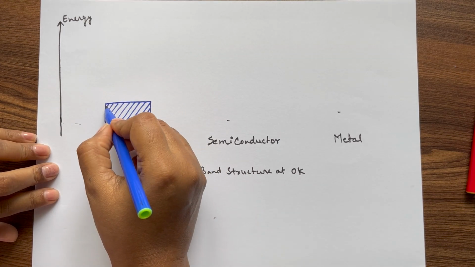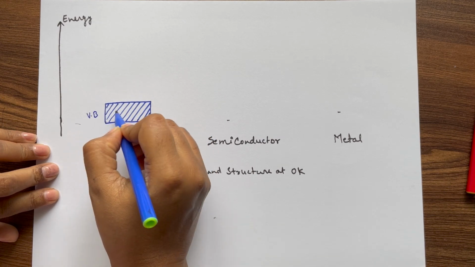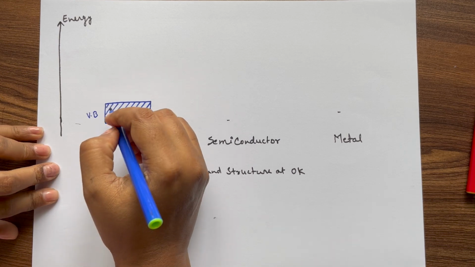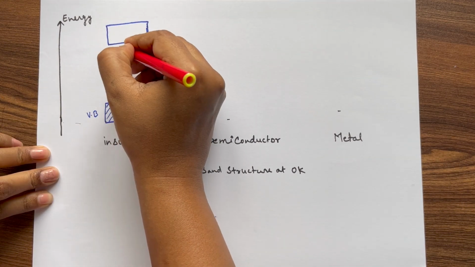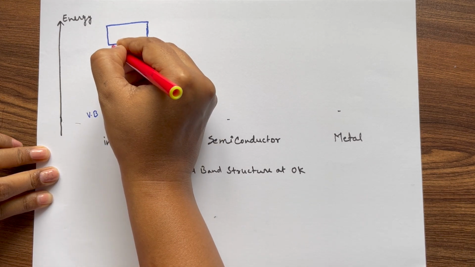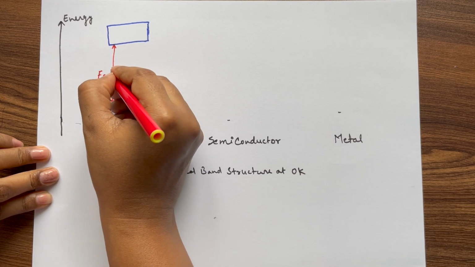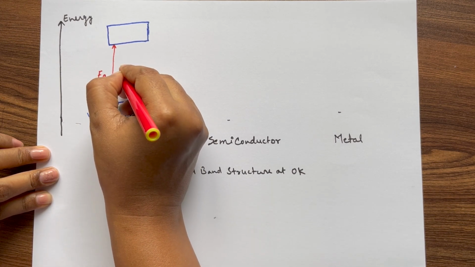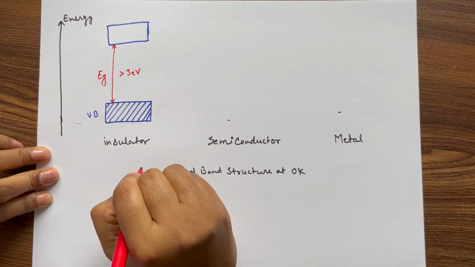That means all the energy states available in the valence band are fully filled with the electrons. This conduction band is empty and the gap between this valence band and conduction band, EG, energy gap, is very high. It is more than 3 electron volt for the insulators.